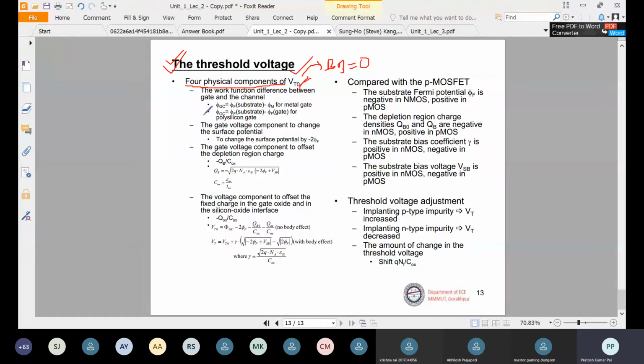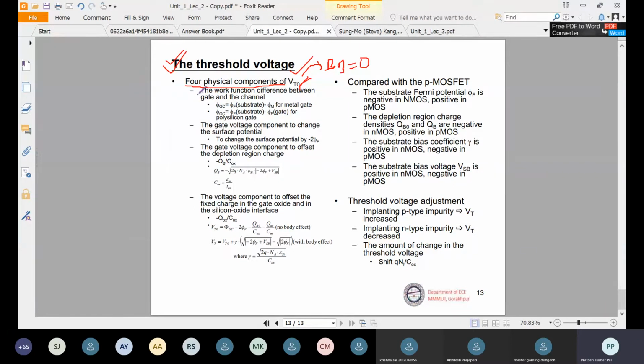The first component is the work function difference between the channel and the gate. We have seen this in the energy band structure of a MOS system, and we have also taken a numerical example where we found how to calculate the work function difference between gate and channel.